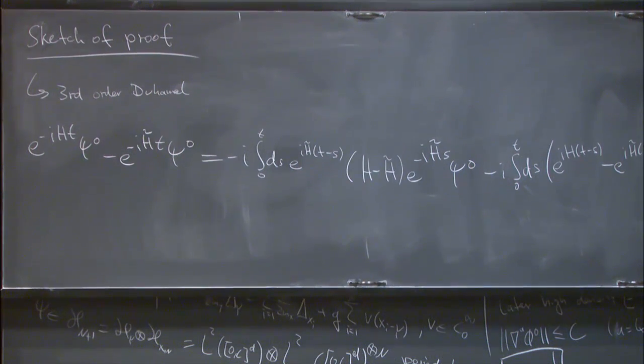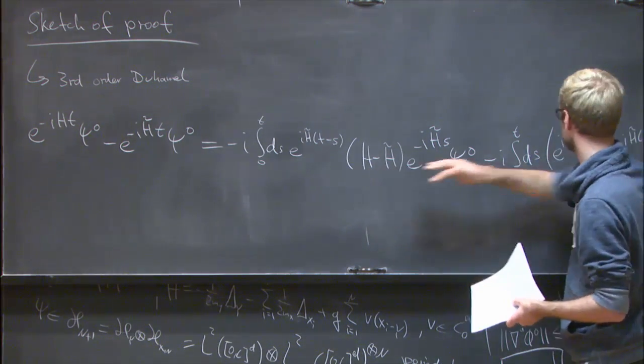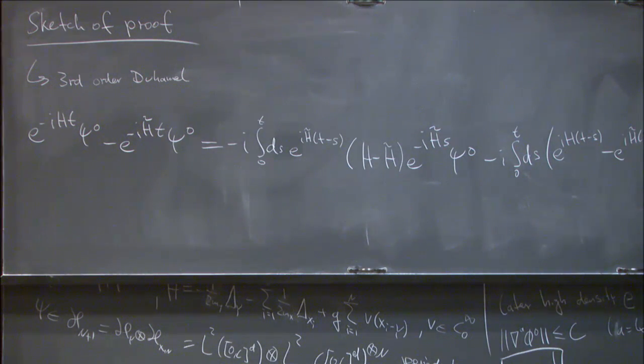So this would be a first order expansion of what I want to control. Right, so here I just wrote this term minus this term, I inserted the 0 here, and this is really the Duhamel expansion.